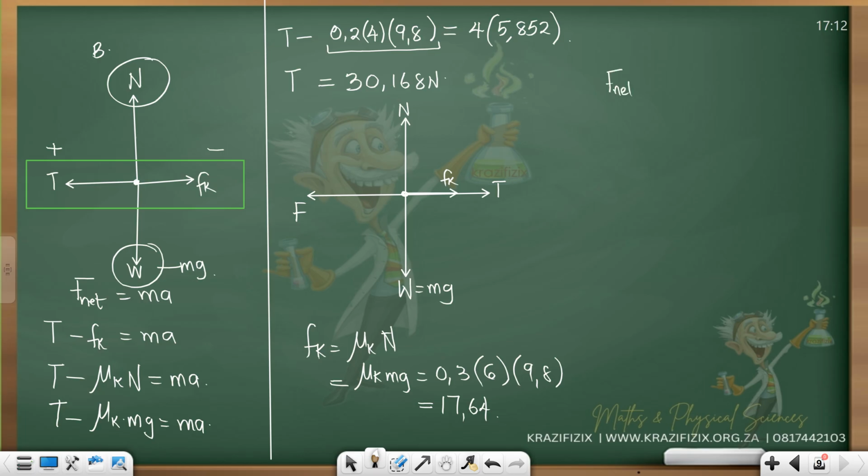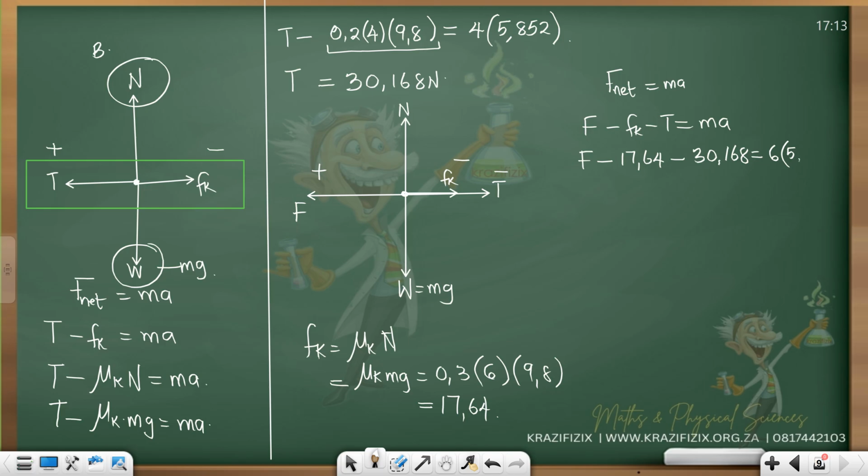So I'll come back again and say F net equals MA. Direction of motion is to the left, positive, negative, and negative. F minus FK minus T. All right. What's our friction? We got 17.64, tension, we got 30.168. The mass is 6.